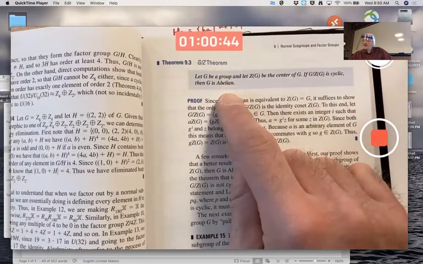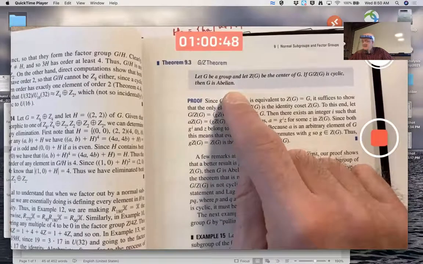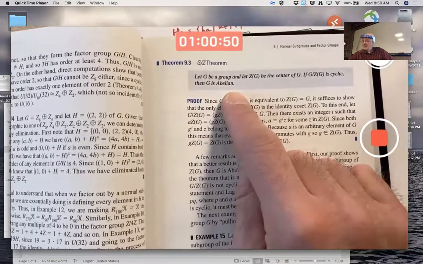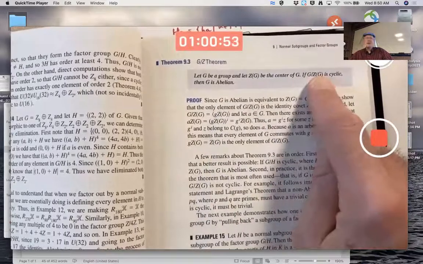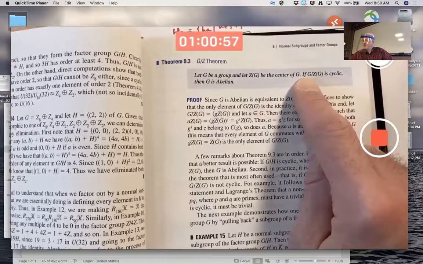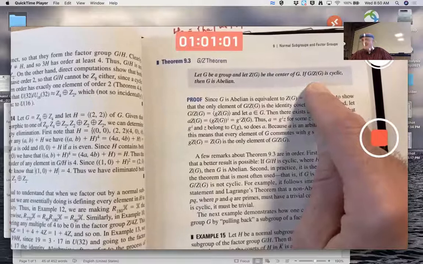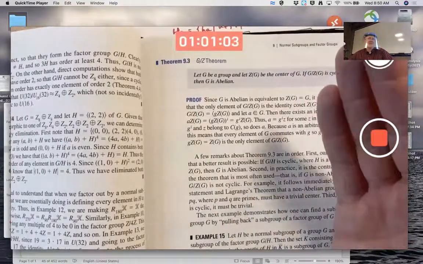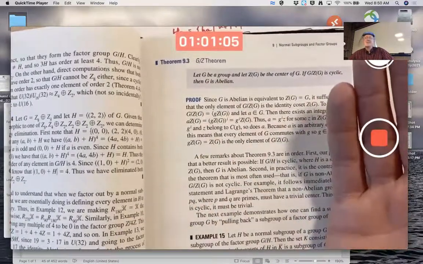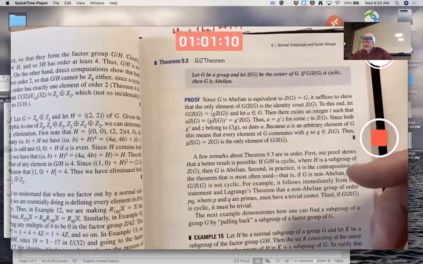Which is weird because that would also mean the center of G is the entire group G, when G is abelian. And it would therefore imply that the factor group must be trivial. If I'm doing the factor group of G by G itself, if Z(G) equals G, then that's got to be just a one-element group. It's just one coset by itself.